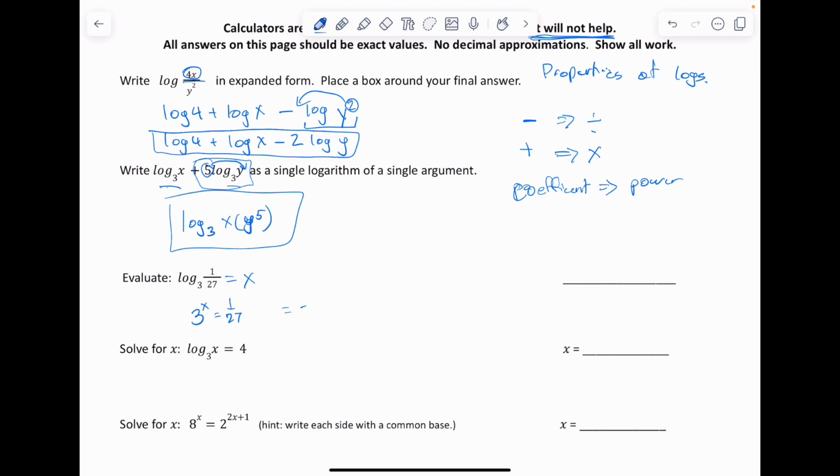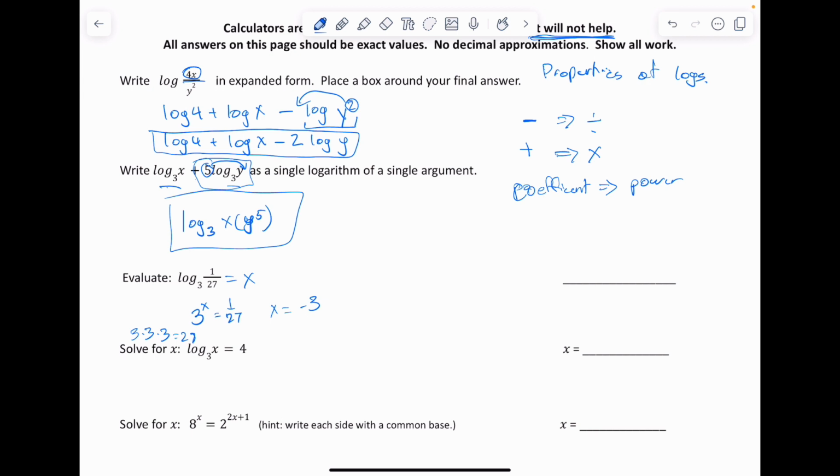And how do I get 27? How do I convert 3 into 27? 3 times 3 times 3 gives me 27. And then I know that I was dealing with this negative. There are three 3s, so x equals negative 3.